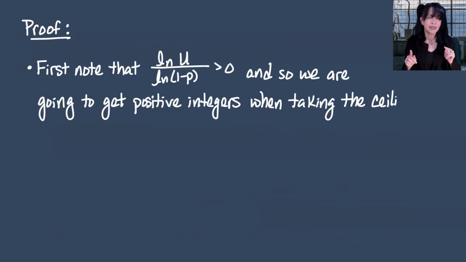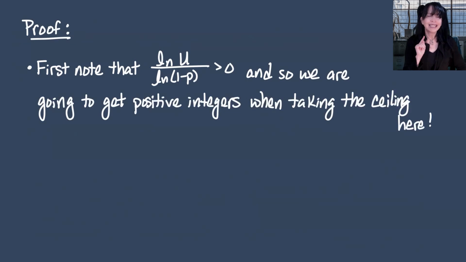And then when you take the ceiling function of that, your possibilities are going to be 1, 2, 3. There's no way to get a 0 because you're going to get something positive and you're never going to round down to 0. So you get the values that are in the right space for the geometric distribution that starts from 1. So that's the first thing to note here before actually proving that we're getting the right distribution. We're at least getting something with the same support as the support for the geometric distribution.